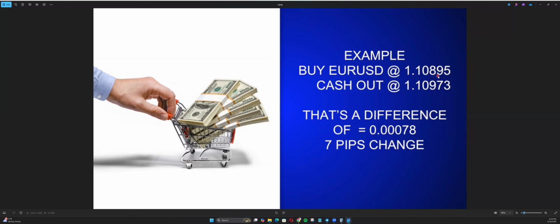This is a buy because the cash out point is higher than the entry point. So you bought that market and the difference between this and this is about 7.8 pips. You're calculating your pips to the fourth decimal. So it's about 7 pips or 7.8 pips.